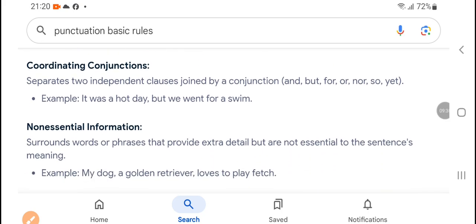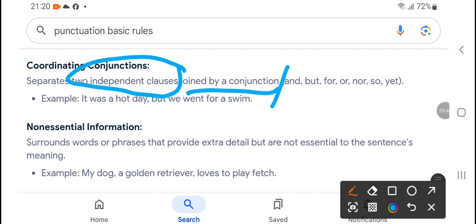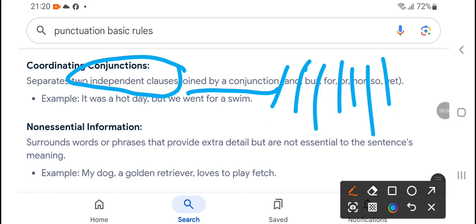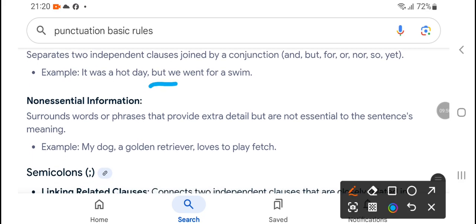Now, coordinating conjunctions separate two independent clauses. Please take care: independent clauses joined by a conjunction. And the conjunctions are and, but, for, or, nor, so, yet. Right? So when "but" is used in a sentence, here we should use a comma. "It was a hot day, but we went for a swim."